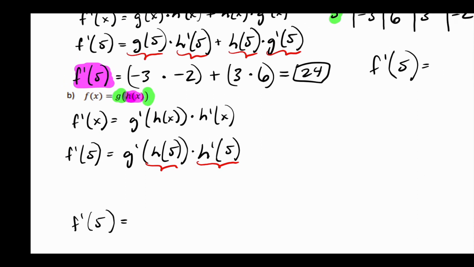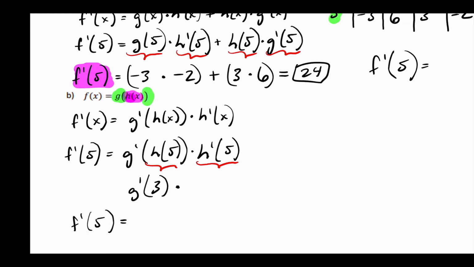So I have g prime of h of 5. So I got to go find h of 5. Look at the table. h of 5 is 3. So this guy is going to be 3. Still has a g prime out in front, though. h prime of 5 is negative 2.